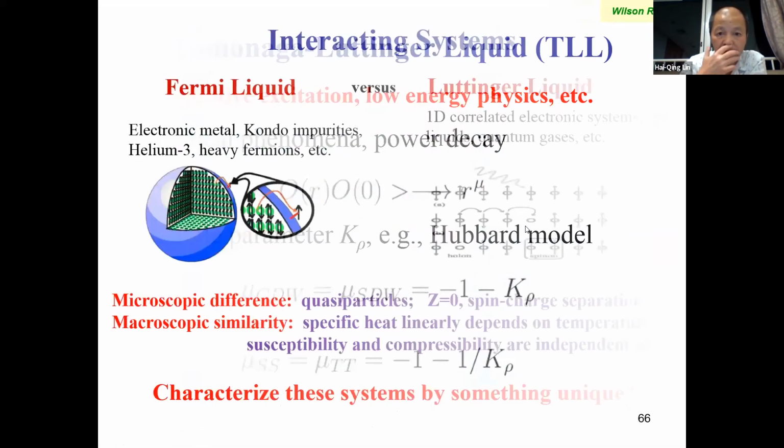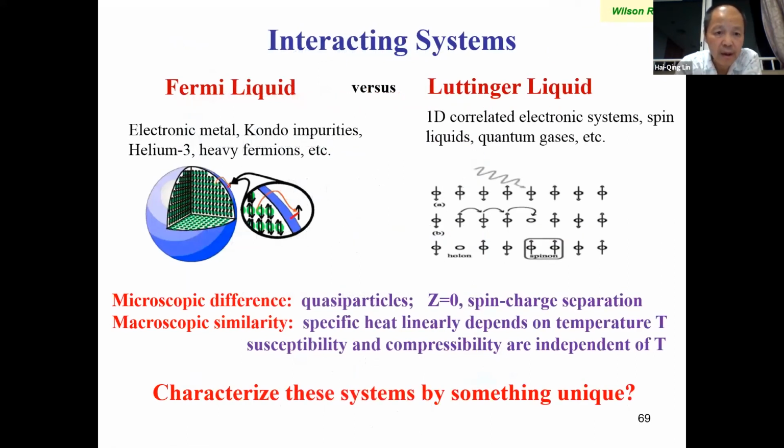Now, if we look in more detail, for the Fermi liquid, we have this quasi-particle interaction just along the Fermi surface, a well-defined Fermi surface. Now, for the Luttinger liquid, there is no Fermi surface, and the spin and charge are separated.